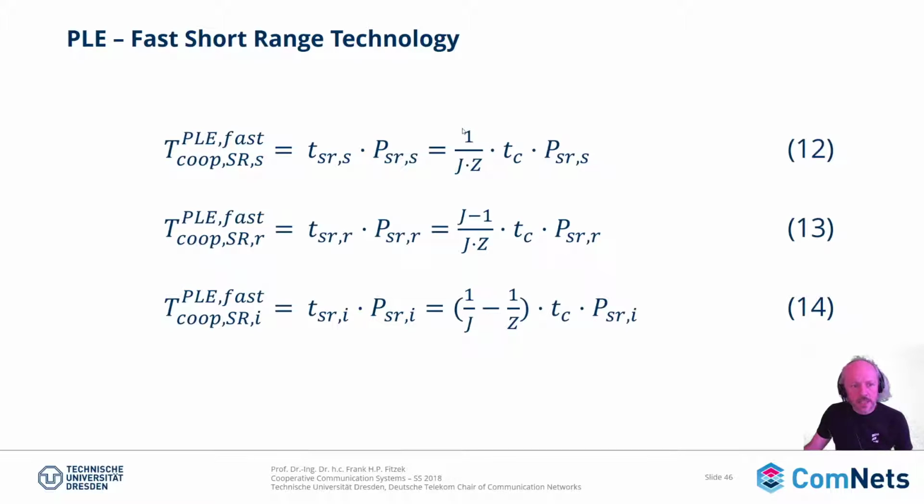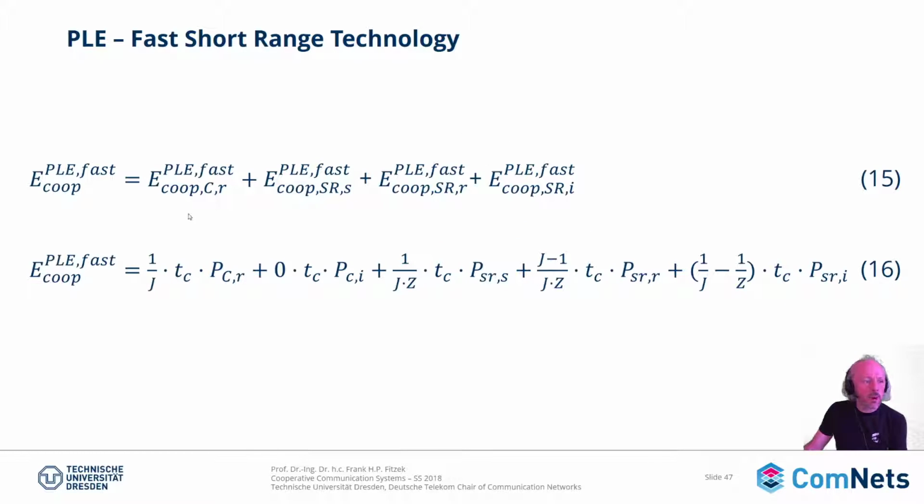And then you just take the terms that we had before. It's 1 over jz Tc, and then j minus 1 divided by jz, and here 1 divided by j minus 1 divided by z as one portion. Good. If you bring this all together, you have a cellular part now and 3 short-range parts.